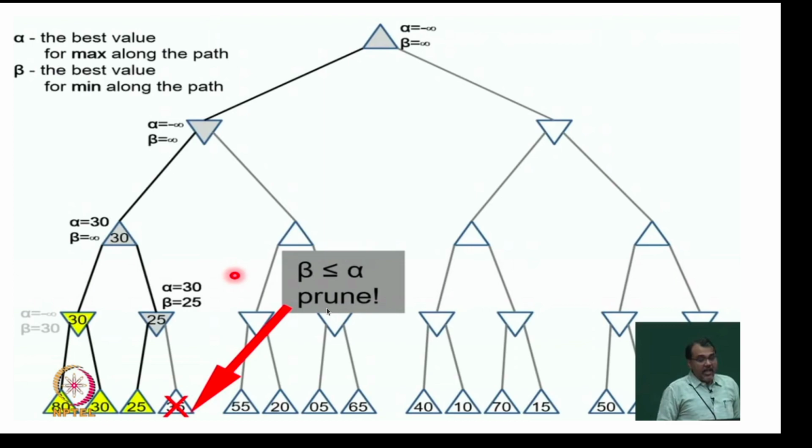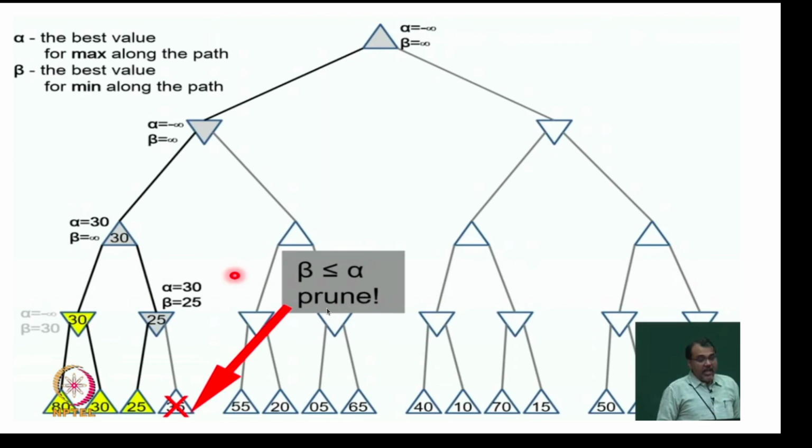So what changes are you seeing, if you look carefully? Let's start with the downward direction. 80 and 30 we had. Obviously we'll take the minimum one. So what minimum will we have? Here we'll have 30 and beta would be 30 here, because that is the best value for the minimum along the path.